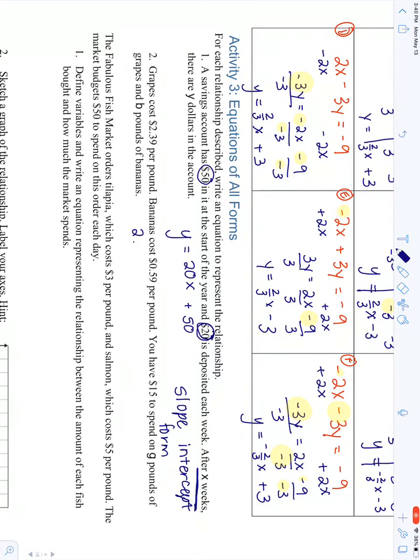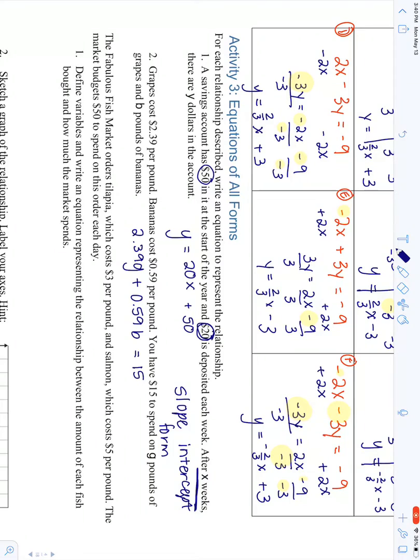So this is going to be 2.39, the cost of a grape, multiplied by how many grapes I buy, which is g. Then plus the cost of a banana times the number of bananas that I get needs to equal 15. So this is kind of the real life application of the standard form.